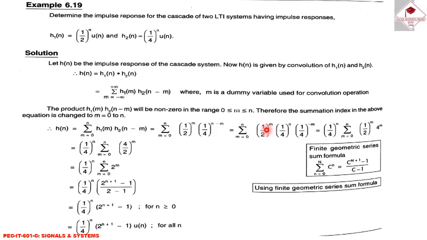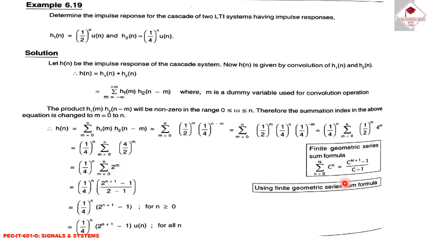Then we can expand the series: (1/2) to the power m and (1/4) to the power n times (1/4) to the power minus m. The (1/4) to the power n comes outside. After simplification, it becomes (1/4) to the power n times the summation of m equal to 0 to n of 2 to the power m.